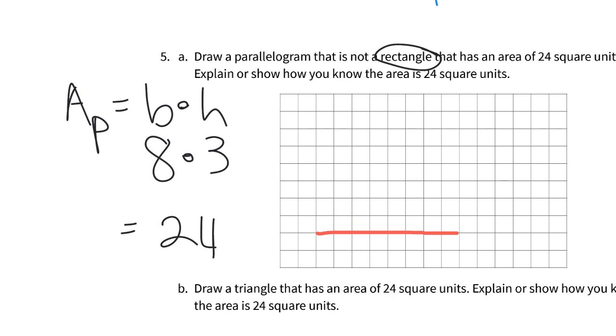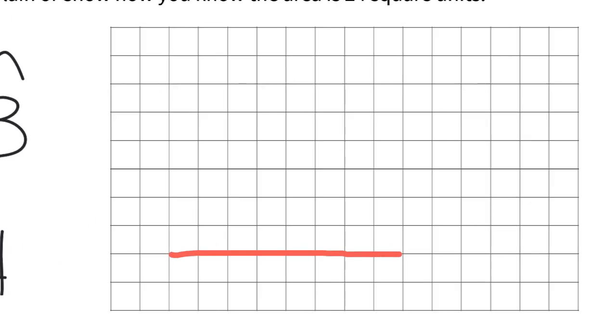So I need to have a height of 3. Now, a height of 3, 1, 2, 3. Here's my height of 3, but I need to offset it, because if I just do it right on top, that's going to make me a rectangle. And they said no rectangles. So I will offset it by a little bit, 1, 2, 3, 4, 5, 6, 7, 8.